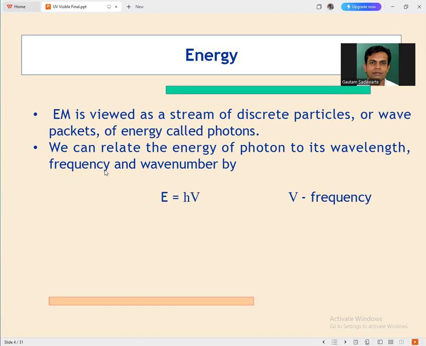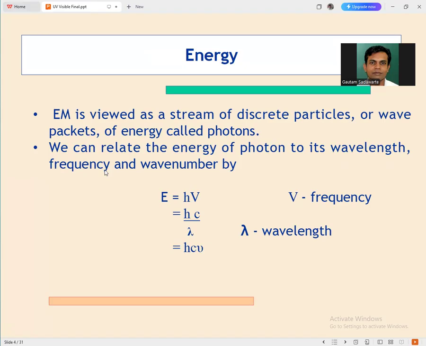There is one equation, E is equal to h nu, where E is the energy, h is the Planck constant, and nu is the frequency. And nu is equal to c by lambda, where c is the velocity of light and lambda is the wavelength.